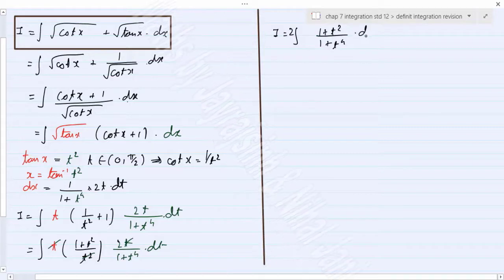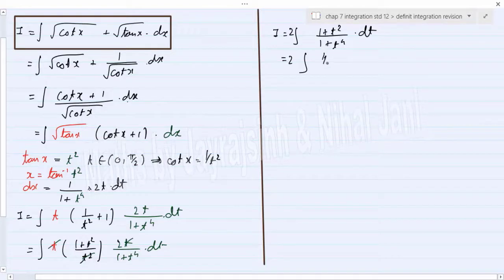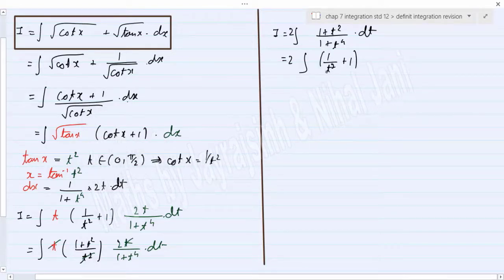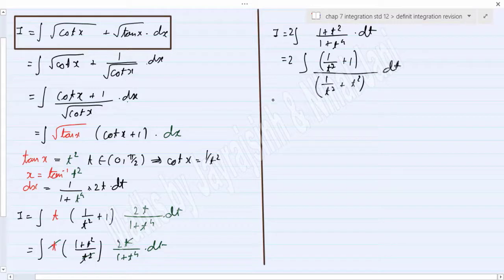2 is constant, take it outside. Now, this 2 will be as it is. To integrate this term, we have to divide by t square in the numerator as well as in the denominator. So our numerator will become 1 upon t square plus 1, and denominator will become 1 upon t square plus t square. Now, it is preferable that we assume t minus 1 by t is equal to u.